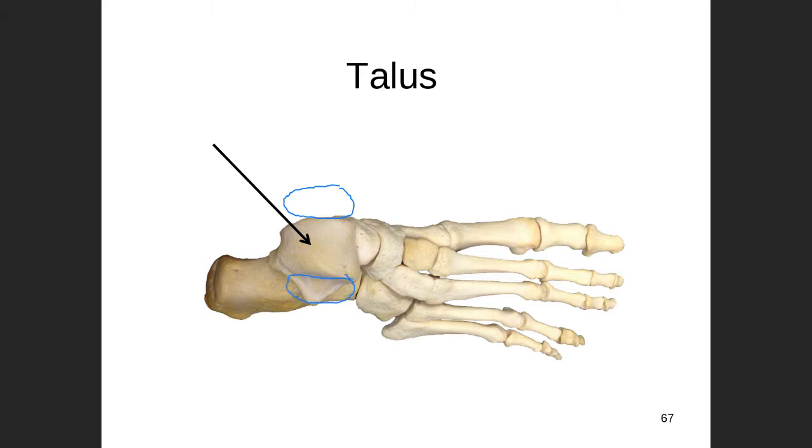And the dome of the talus sits in between those 2 bones. And it swivels back and forth. And we saw the motion. Do you remember what the motions occur at that joint? Two new terms: dorsiflexion, plantar flexion. Okay? We point our toes down to the floor. That's plantar flexion. Point them up towards the ceiling. That's dorsiflexion.